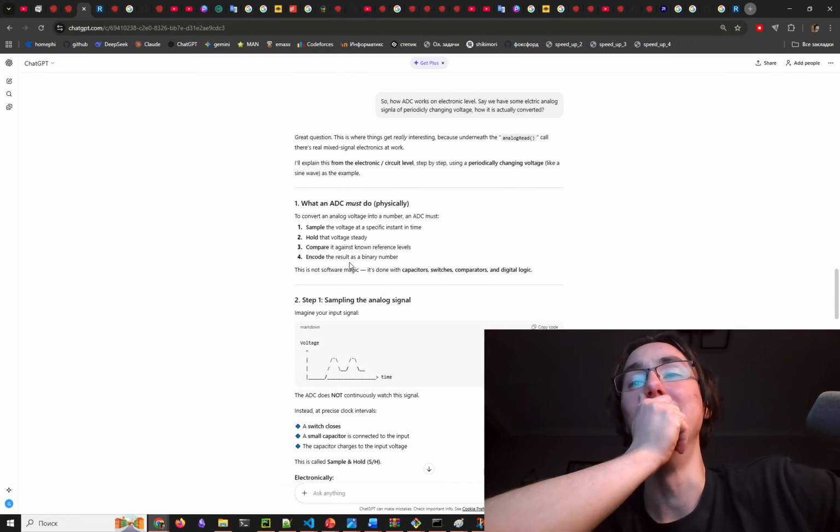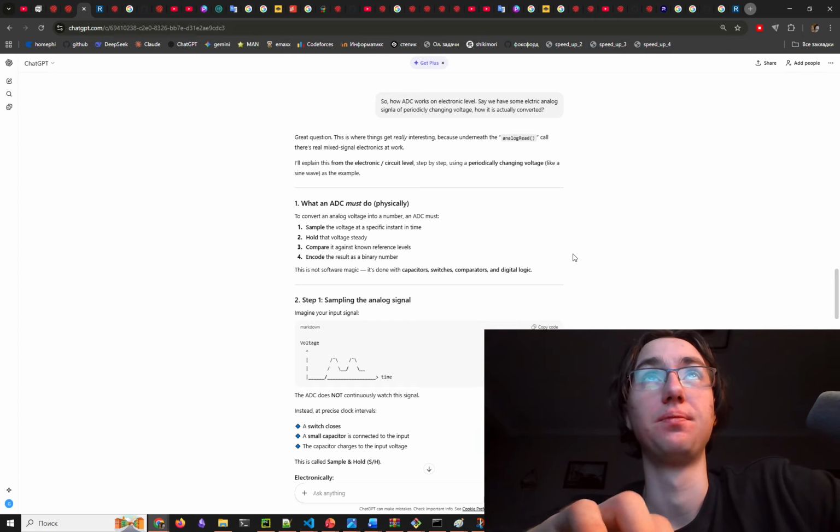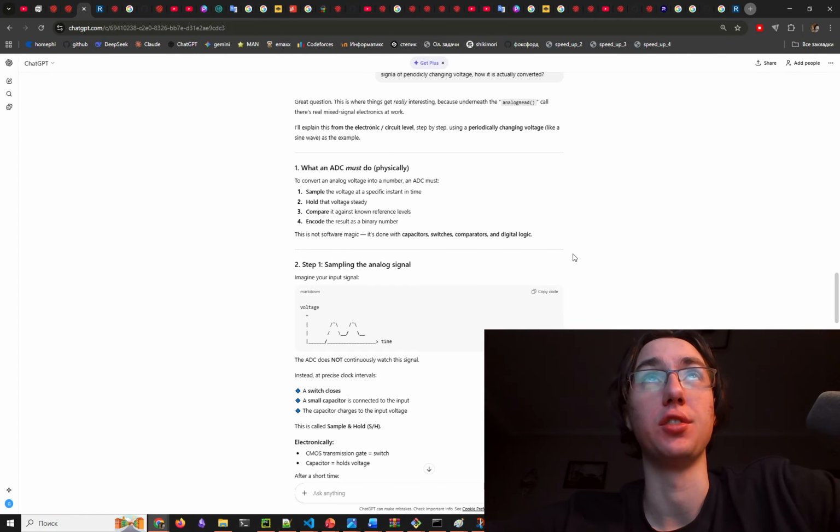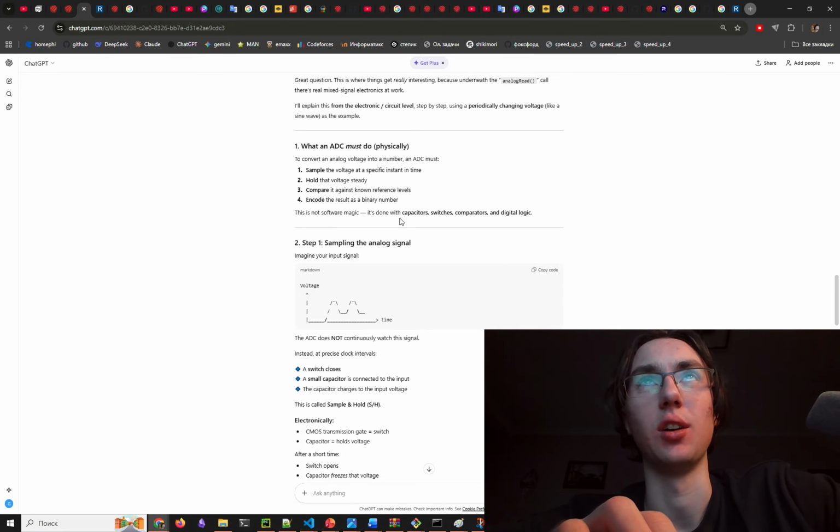What an ADC must do: to convert an analog voltage into a number, an ADC must sample the voltage at a specific instant in time, hold that voltage steady, compare it against known reference levels, and encode the result as a binary number. It's done with capacitors, switches, comparators, and digital logic.